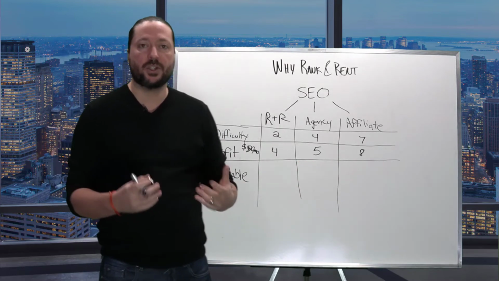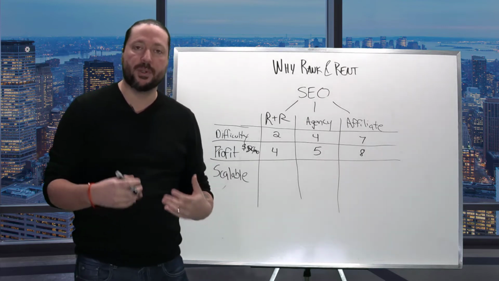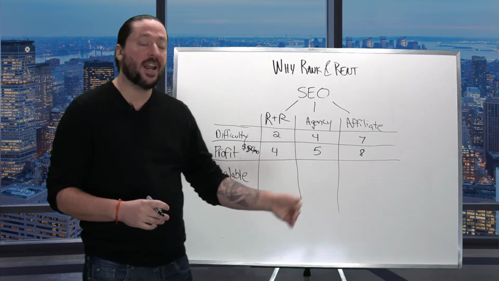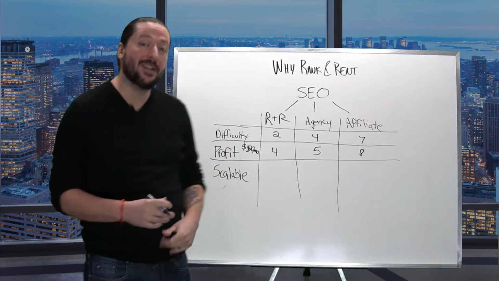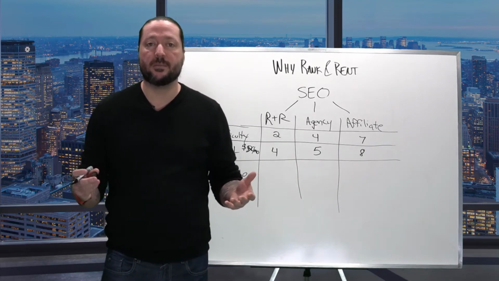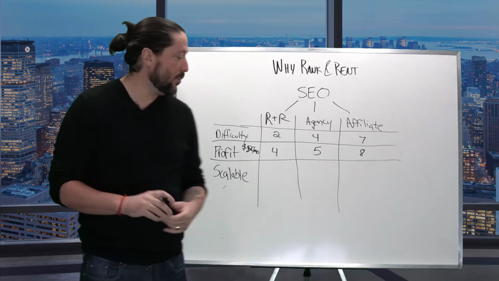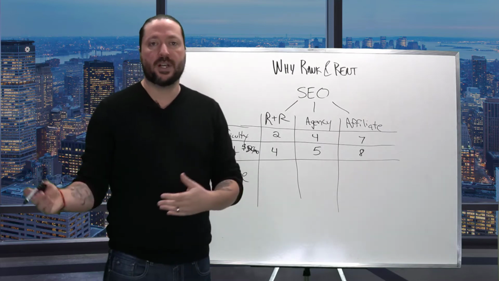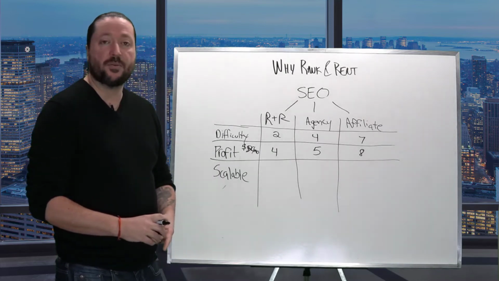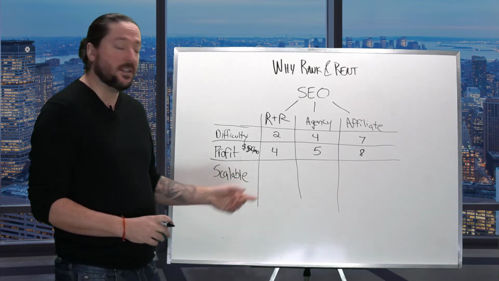Change your website, change your content and stuff like that, but duplicate your model, build the same type of links, and then duplicate your sales process with a new client and encourage your existing client, maybe for a discount on one of their monthly service fees, to shoot you a testimonial video and start building a portfolio that you can use to help you sell to the next client. So the scalability of Rank and Rent, once you have your first site, is rather simple.